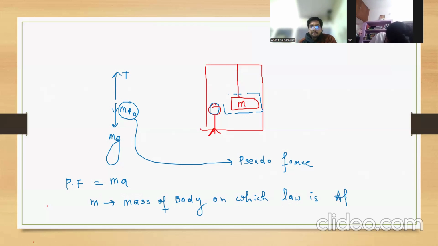Clear? What is A? Write down: acceleration of the observer. Very good. Acceleration of the observer as seen from the earth.